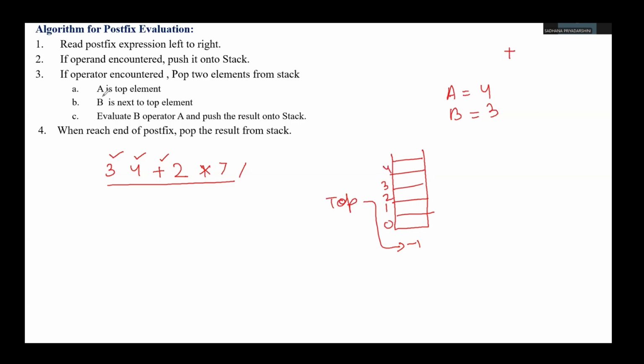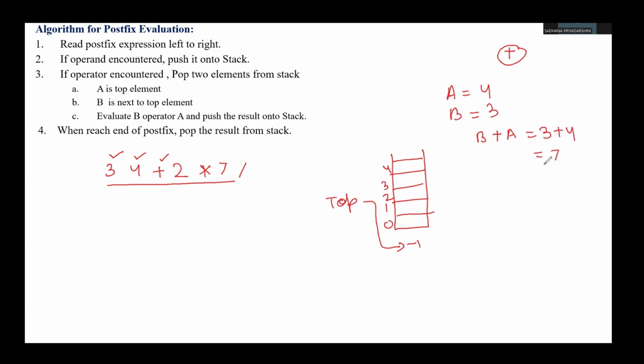Then A is the top element, B is the next top element. Evaluate B operator A and push the result onto the stack. B plus A, because we got the plus operator. So 3 plus 4 is 7.